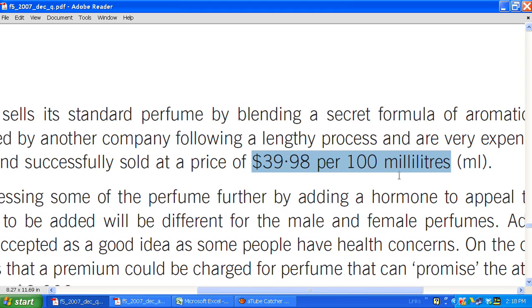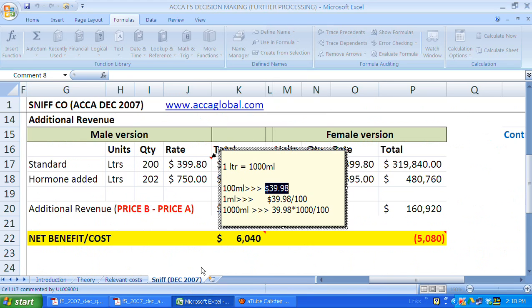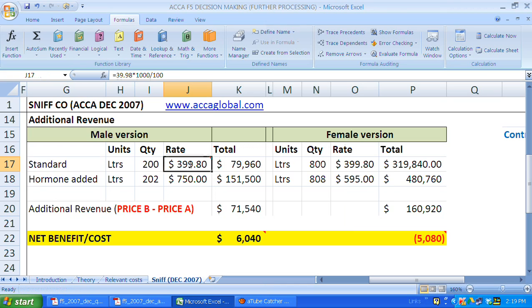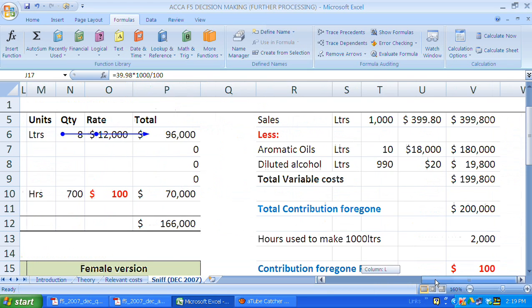Remember, a liter is 1,000 milliliters. So if 100 milliliters cost 39.98, that means 1 milliliter will be 39.98 divided by 100, and 1,000 milliliters will be this figure multiplied by 1,000. This gives us 399.8. I hope that is clear.